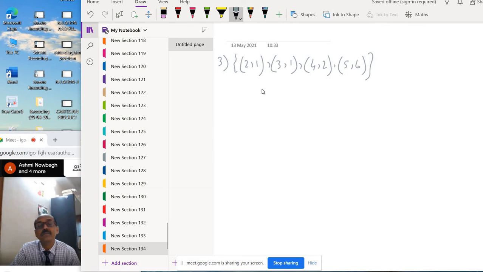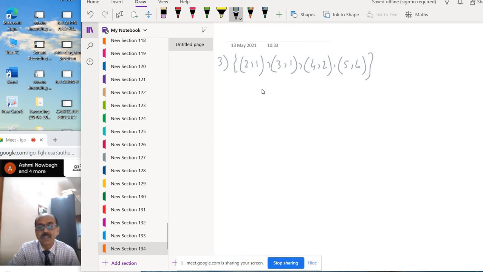Because in two cases, 1 is there, but it is a different element image. See, 2 is an element, its image is 1, and 3 is another element, its image is 1.